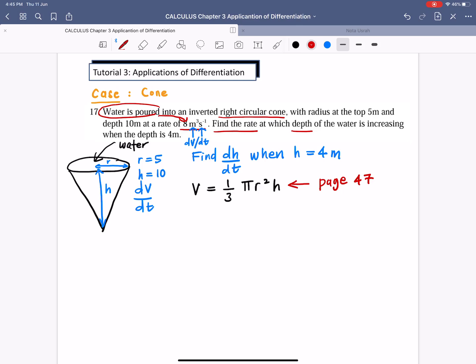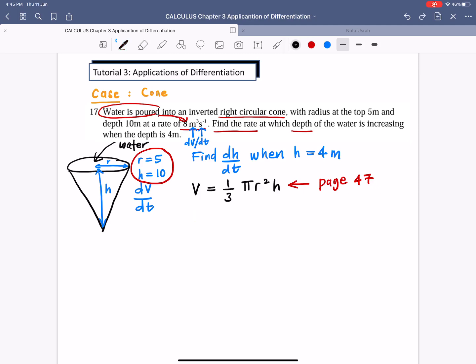So what we will do, we will use this information: r equals 5 and h equals 10.